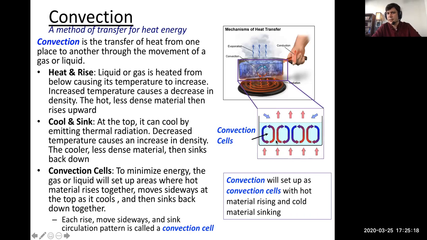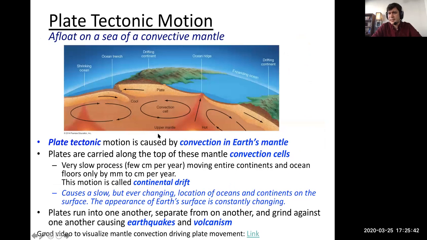And notice that the rising parts match up, the sinking parts match up. So here's another convection cell, with the sinking part and the rising part. So you'll set up a series of convection cells. And notice that you have rising up, but then at the top, you have side to side motion. So when we actually look at the interior of the Earth, it's hotter deeper down.